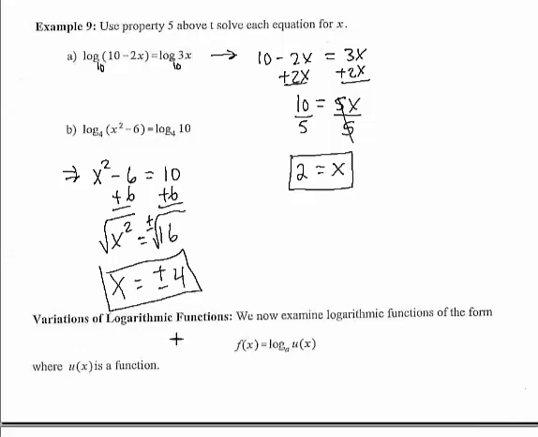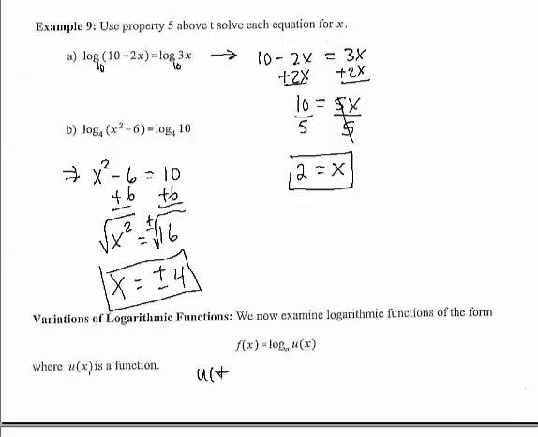Alright, bottom of the page, variations of logarithmic functions. So we're going to look here at log base a, and then we have an expression in the argument, and u of x is a function. So more likely it's going to be like something that we've seen before.